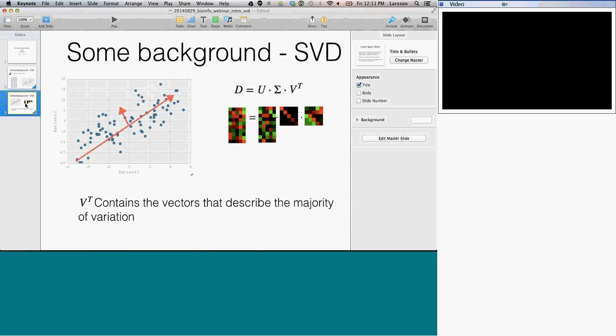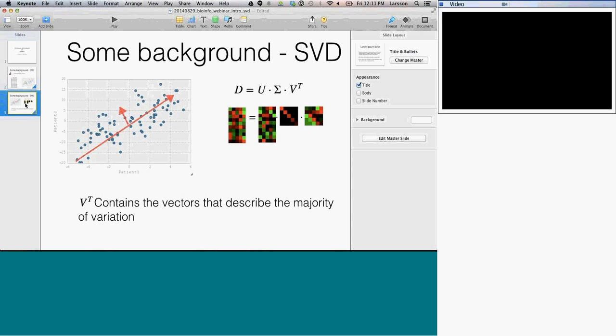But the interesting part about these is the matrices U, sigma, and V have very specific properties. One of those properties is that each of the columns in U are orthogonal with each other, which means that they're independent.